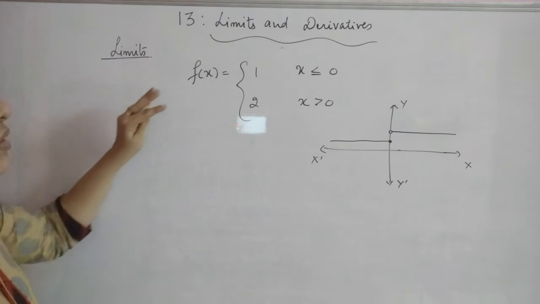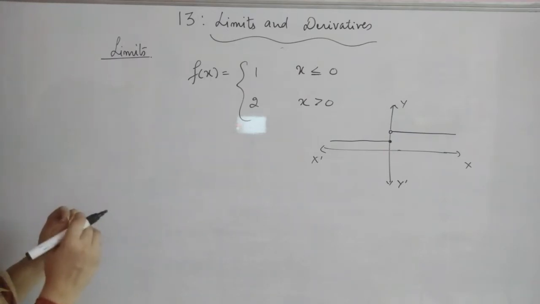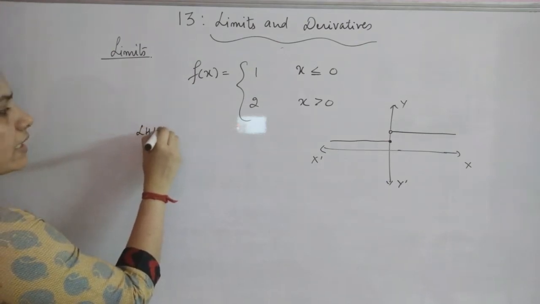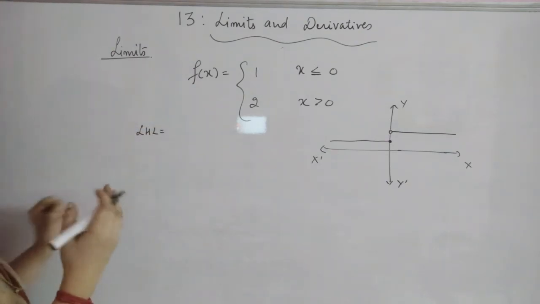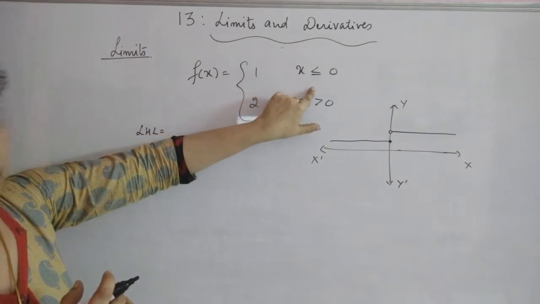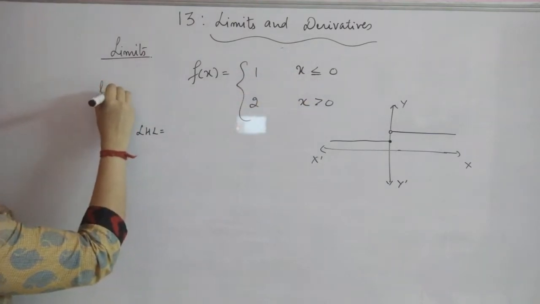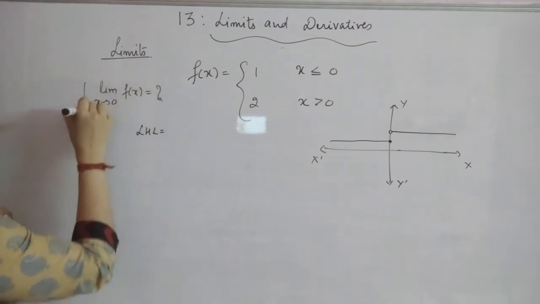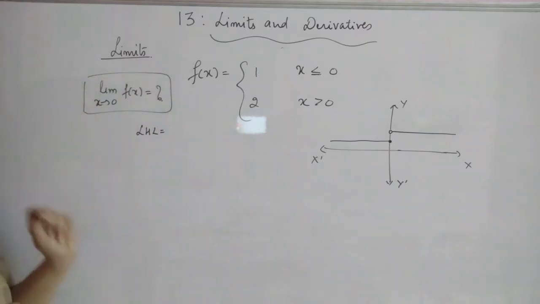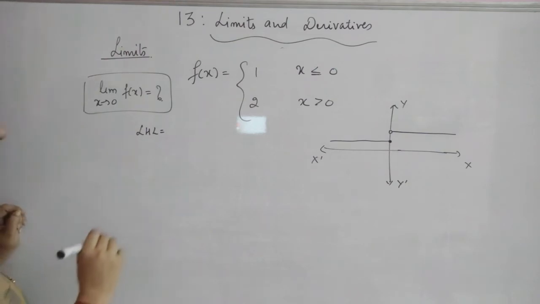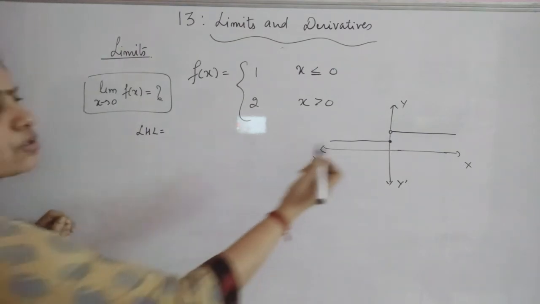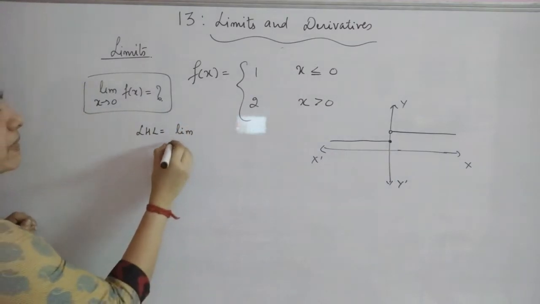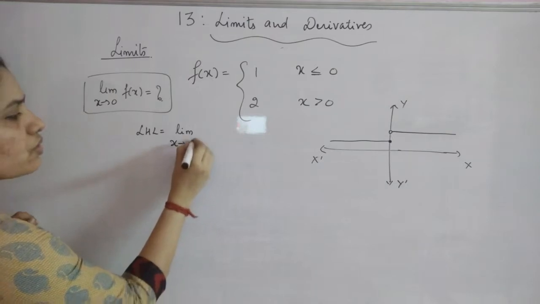Okay. Now what we are doing is we will just find out what is the left hand limit and right hand limit. Left hand limit I can write LHL. Now what is the notation? I am checking at the point 0. That means our purpose is to find out what is limit x tends to 0 f of x. For that we will first find out what is LHL or left hand limit. So to the left of 0 you can see how we will represent it: limit x tends to 0 minus.